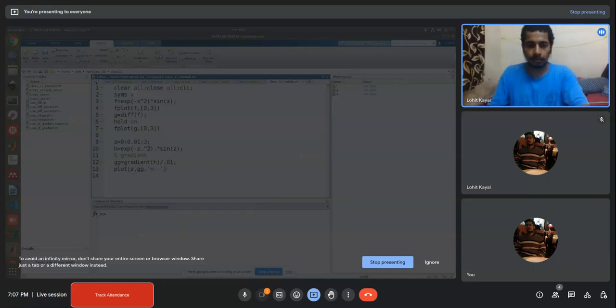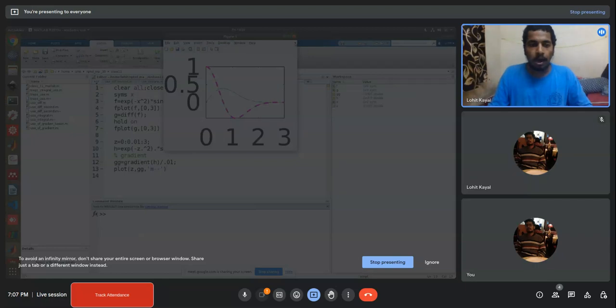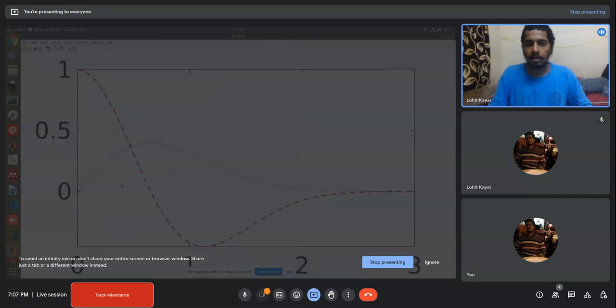To verify it, you can see that it is already under hold on. So I just need to plot this function against z: plot z, gg, and maybe the color will be magenta and dash dash.